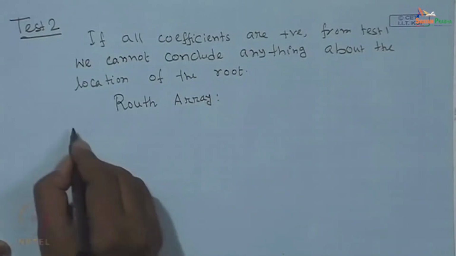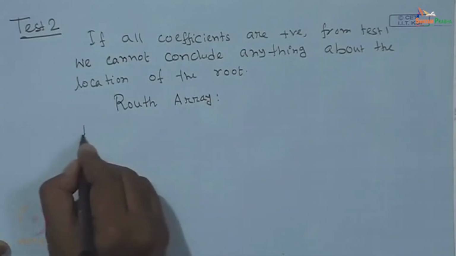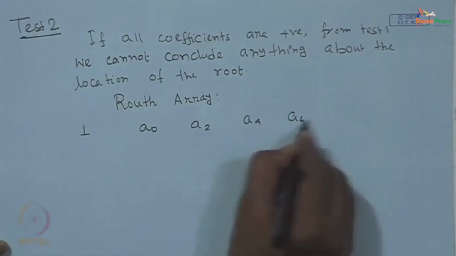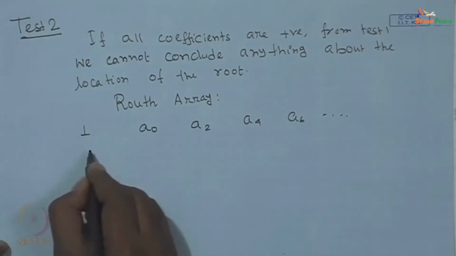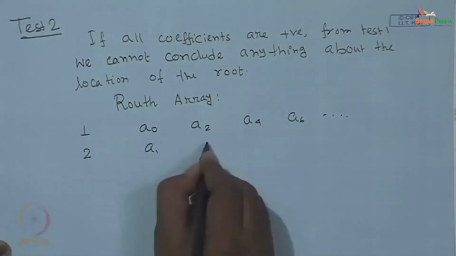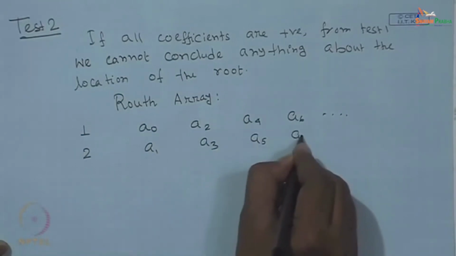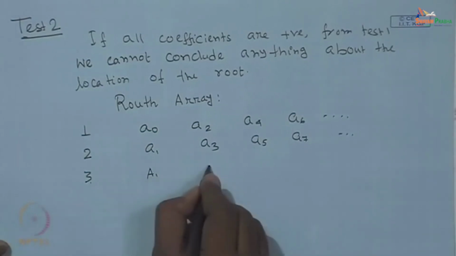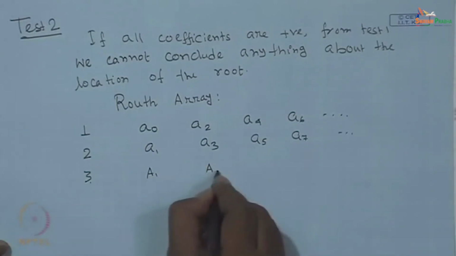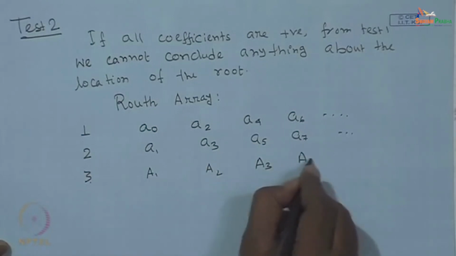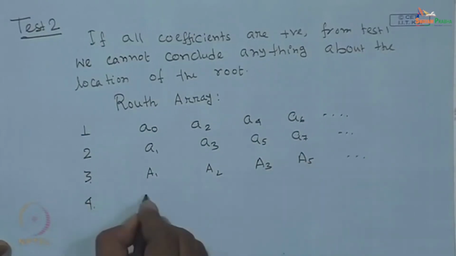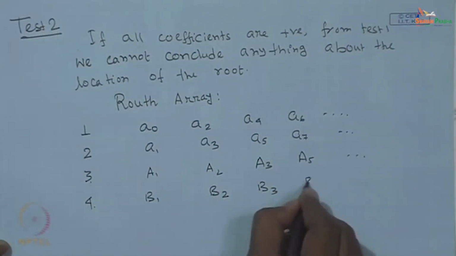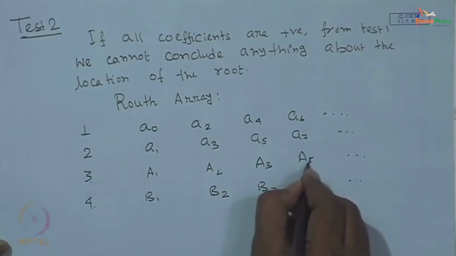The Routh array is this. We write down row 1 as a0, a2, a4, a6, all the even coefficients; row 2 as a1, a3, a5, a7, odd coefficients; row 3 as capital A1, A2, A3 like that. Row 4 will be B1, B2, B3, B4 like that.